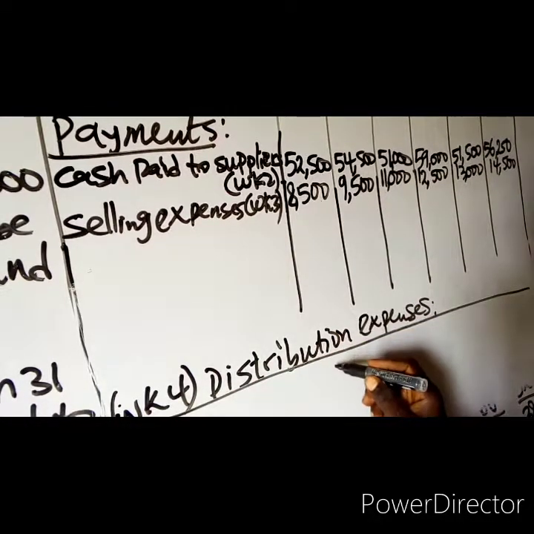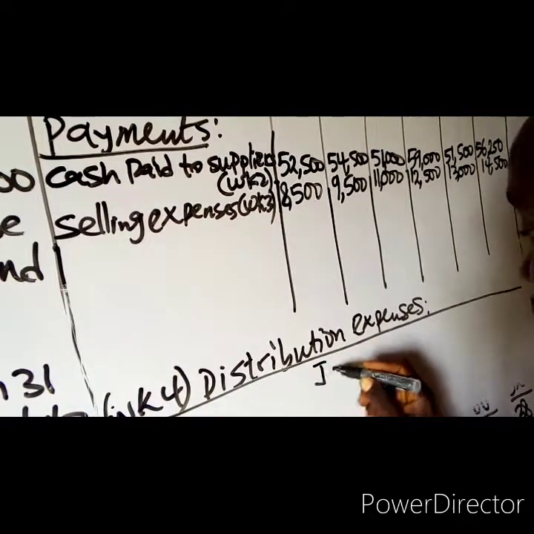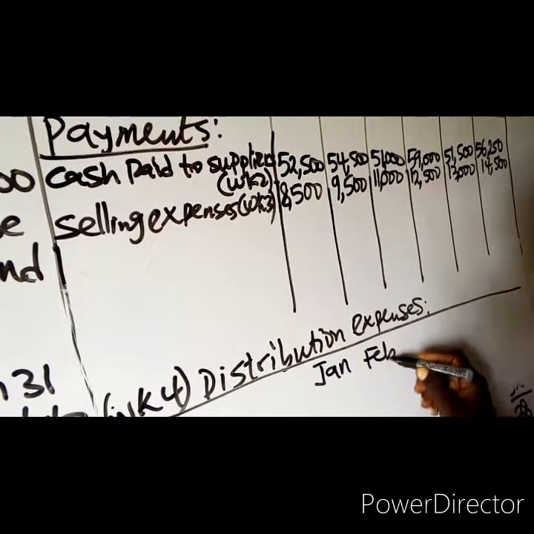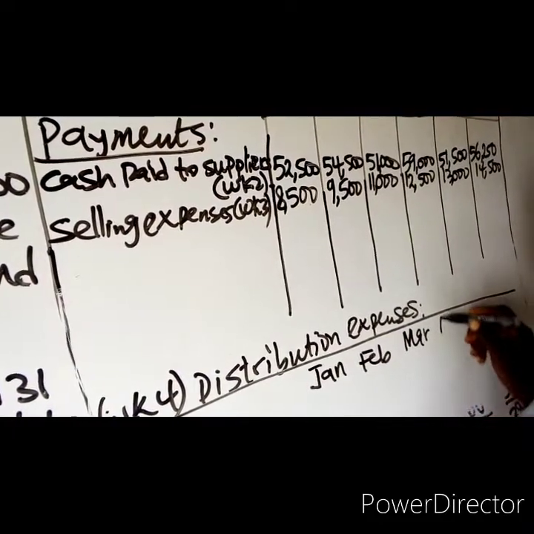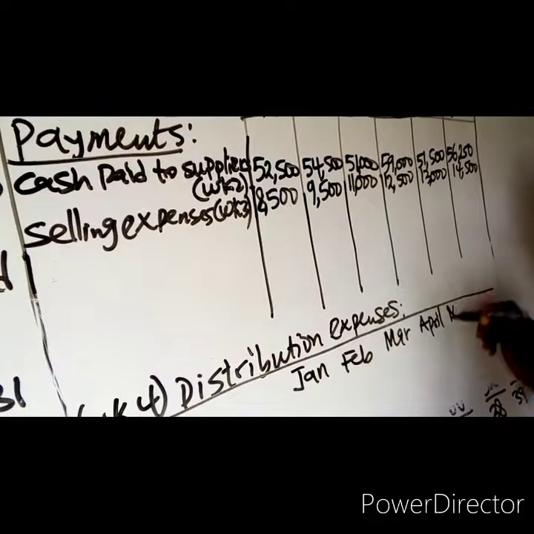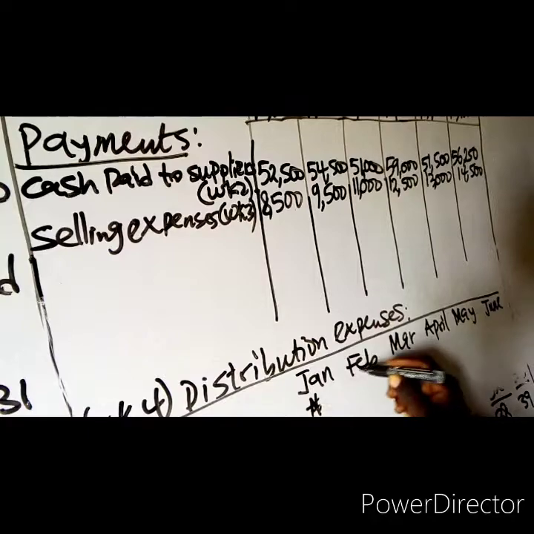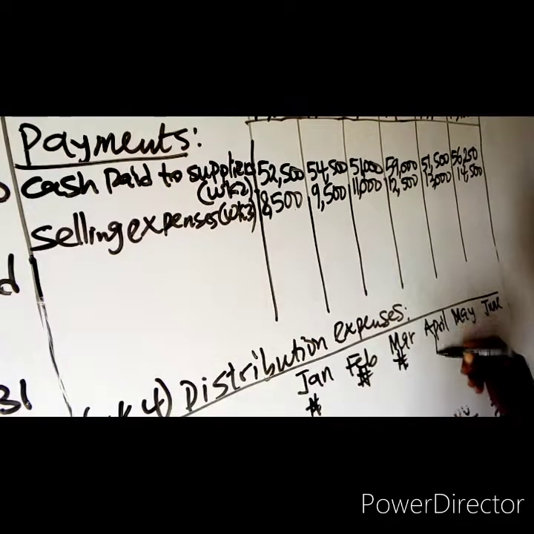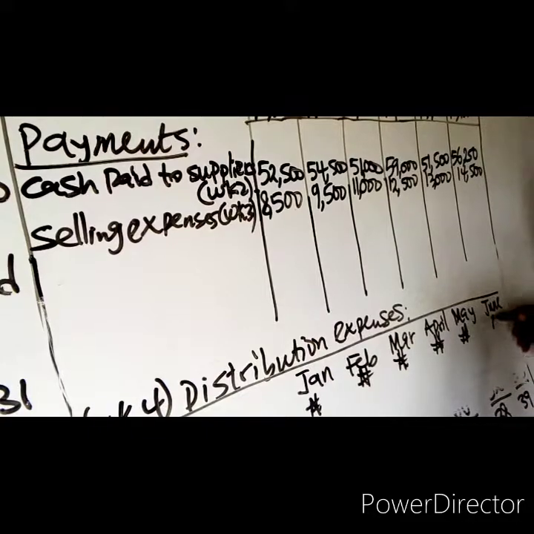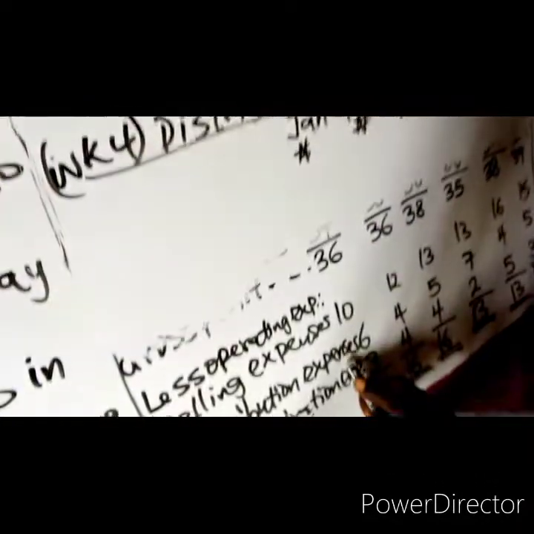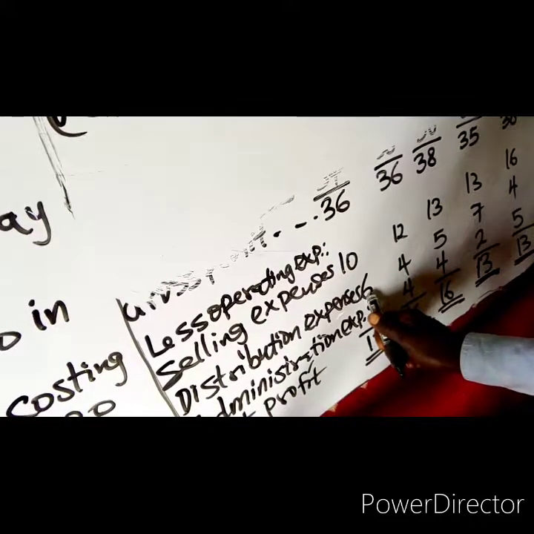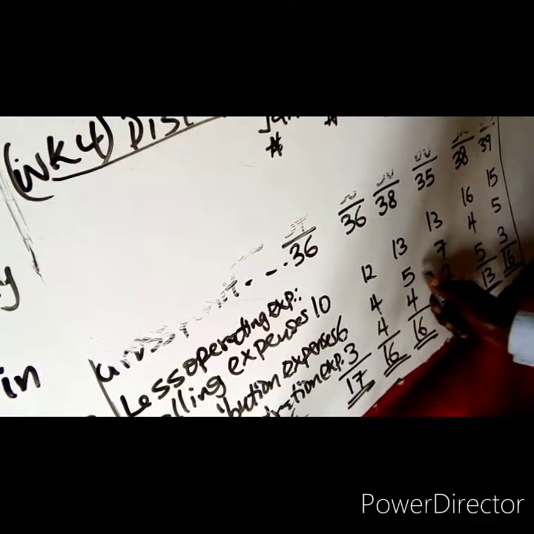We have January, February, March, April, May, and June. Now, the distribution expenses given in the budgeted statement of profit or loss: for January, we have 6,000. For February, we have 4,000. For March, we have 5,000.